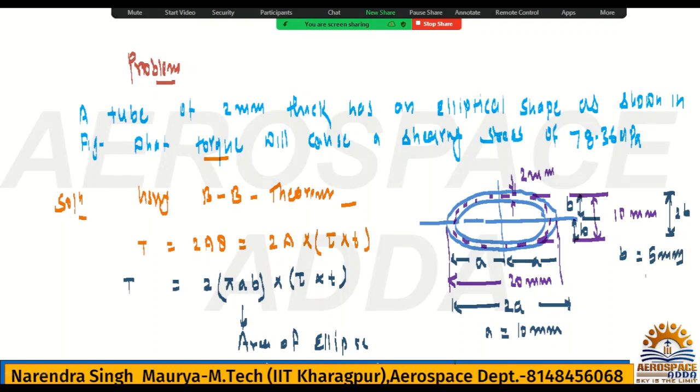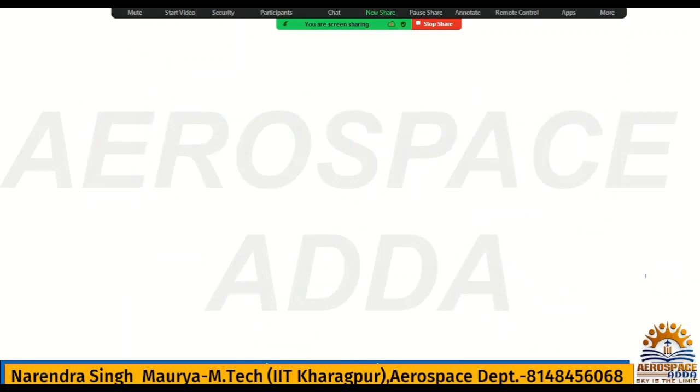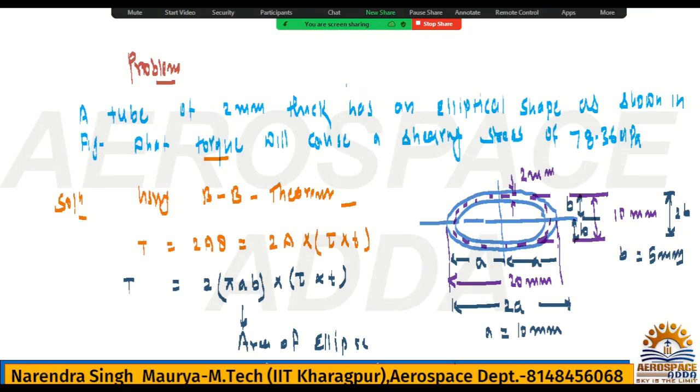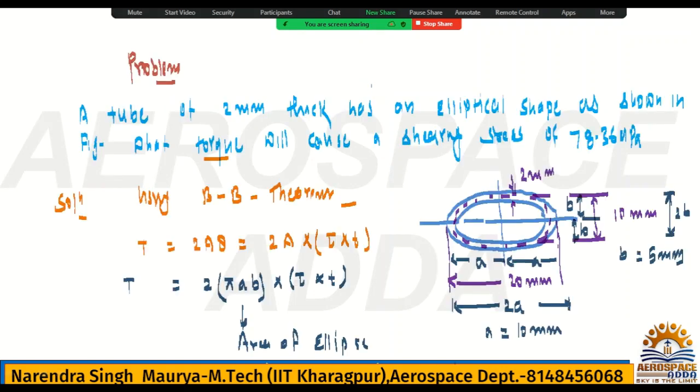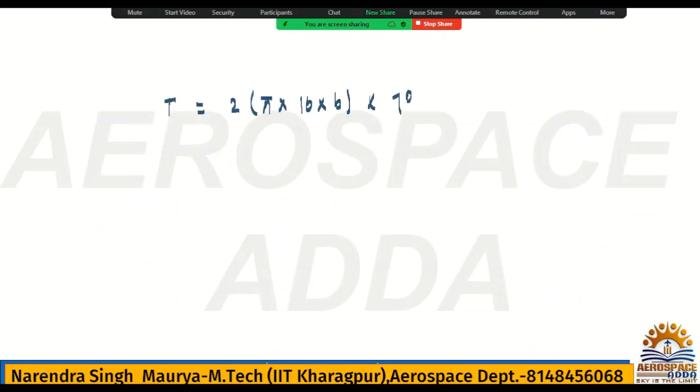Now we will use this formula. The torque is 2 times pi, a is 10 and b is 5, into tau, which is the shearing stress 78.36 megapascal, or Newton per mm square, as I told you it is the same.